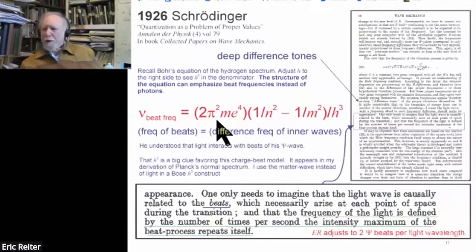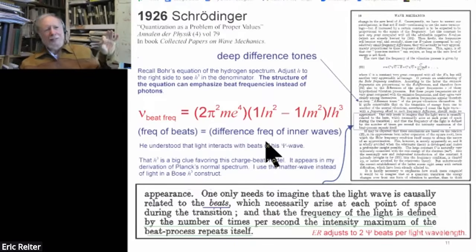Then what Schrodinger did, the best part that I see, of course, we love his wave equation, but in the same paper, his famous paper of his wave equation, he talks about beats, and he recognizes that the relation between light and charge is interacting with the beats, and that the charge, that the electron, is a beat.